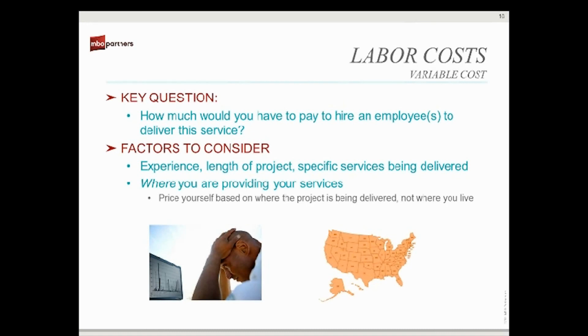And lastly, make sure that this salary that you're coming up with isn't just what you've been earning as a W-2 employee today. It's very easy, especially for those aspiring independent consultants, to just say, okay, I'm making $150,000 a year today, and now I want to convert that to a bill rate.